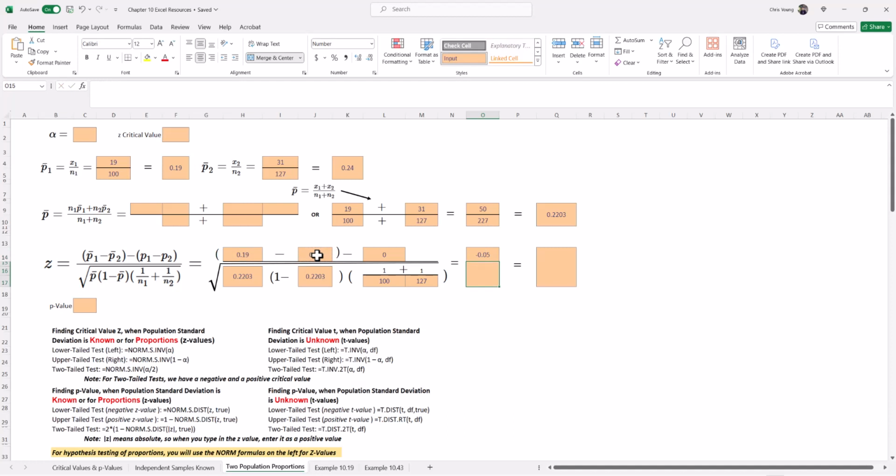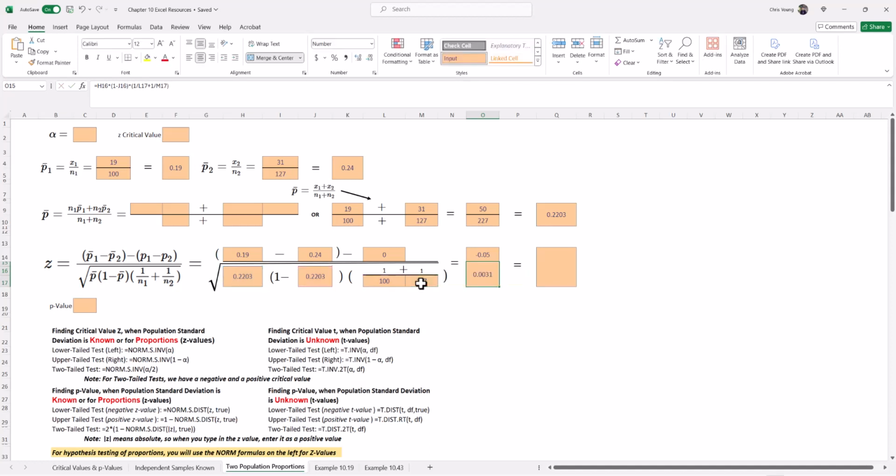Here's where it gets tricky, but we're going to use Excel to do our calculator, but we're going to work on it from left to right. First, let's take 0.2203 times 1 minus 0.2203. Then we're going to multiply by, open parentheses, 1 divided by 100 plus 1 divided by 127.